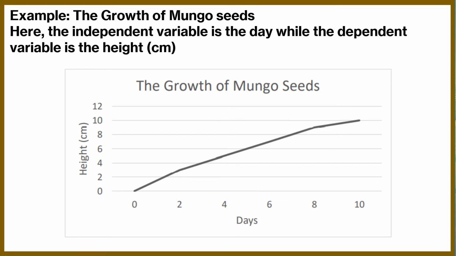At day 0, when you have just planted, there is no height yet. Over the next few days, you will see the height of the mungo seeds increasing. By 10 days, the mungo reaches 10 centimeters. You can see the transition from seed to a small plant.